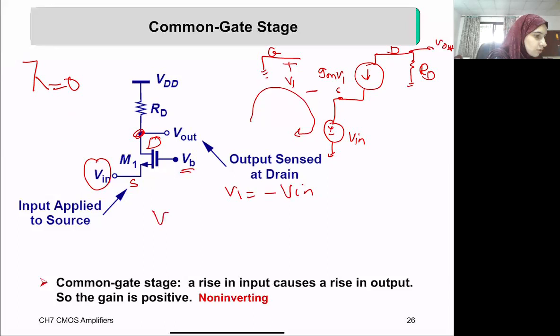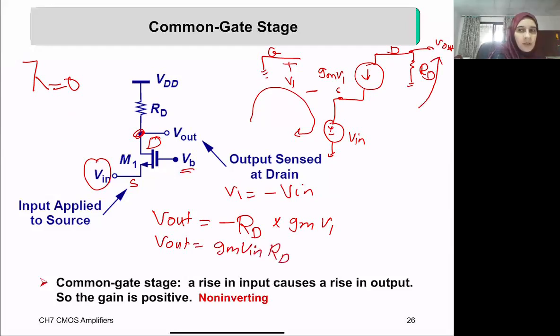Now Vout is equal to minus RD, because the direction is opposite, multiplied by gm times V1. Replacing V1 with Vin, it will be gm times Vin times RD. The negative sign goes away, and therefore Vout over Vin equals gm times RD.